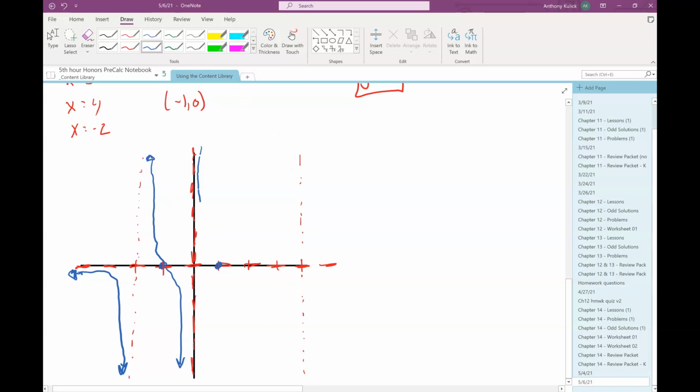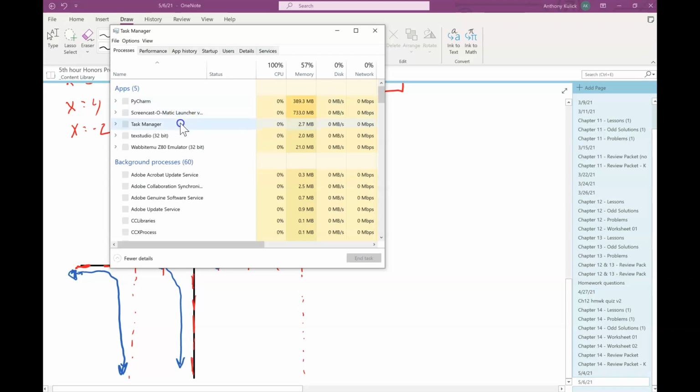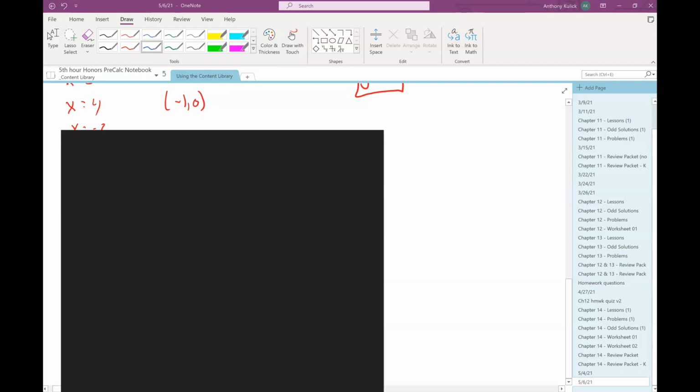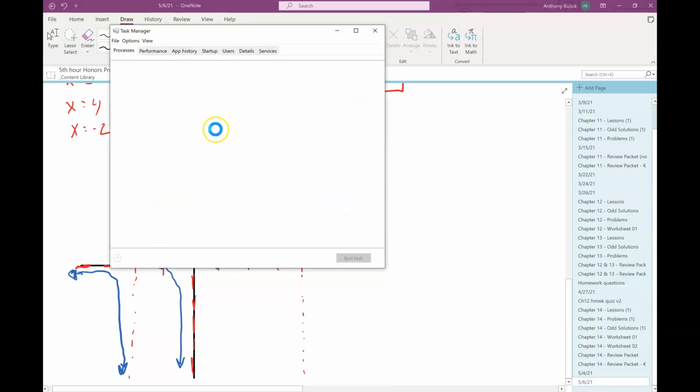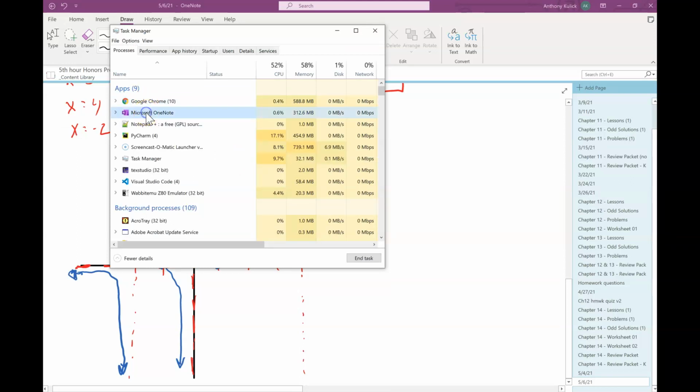And OneNote froze on me. We got these new computers or whatever, and this has happened to me maybe a dozen times per class. And I've even ended the task on my OneNote.